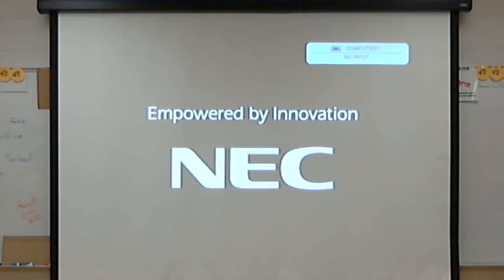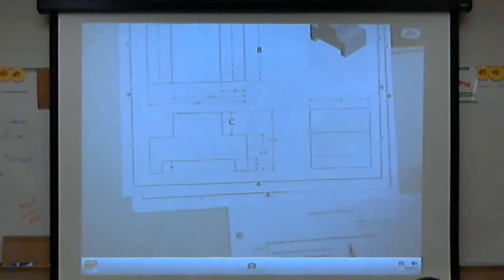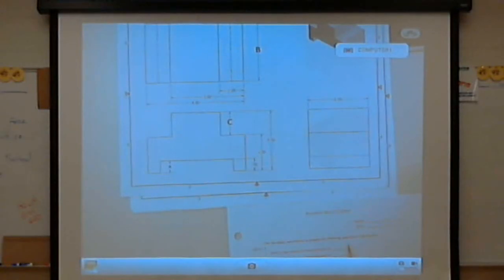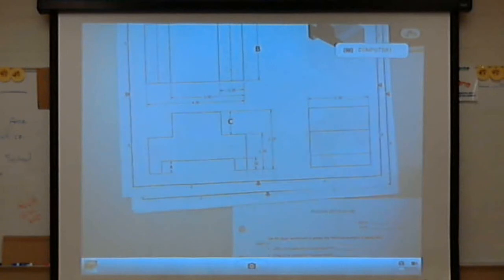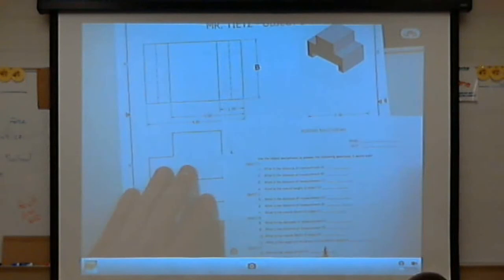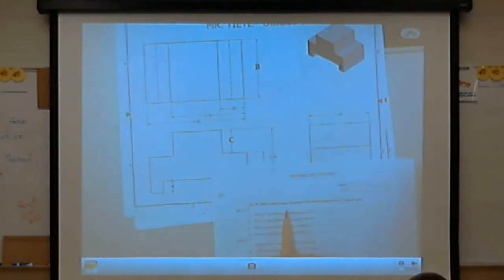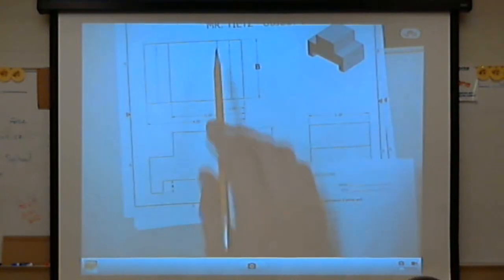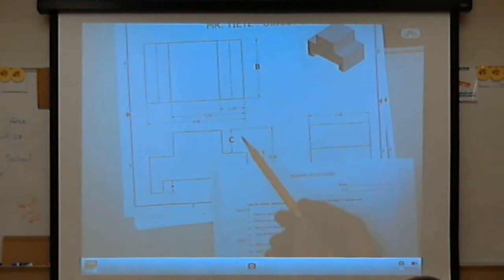Okay, so you can write that down. So you have 0.5. B is asking for what? The depth, right? If you locate here, what views can we pull depth off of?